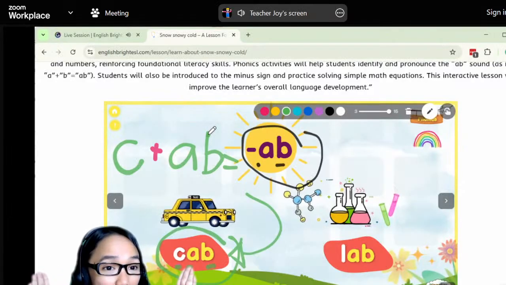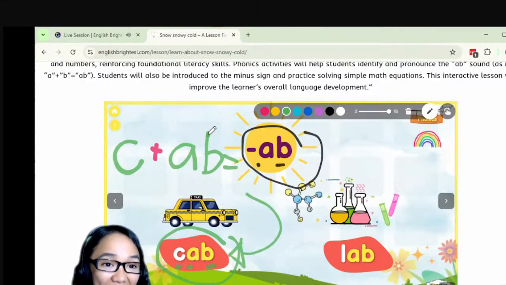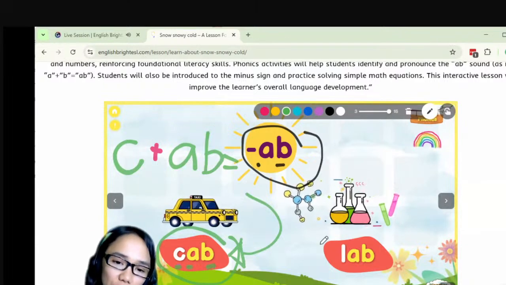If they don't get it, you can do it this way too. And you do a little plus sign there. And you go. Right? And you do equals. And you go like that. And they go, ab. And you go to the next one.